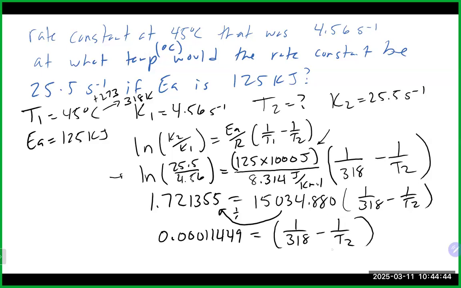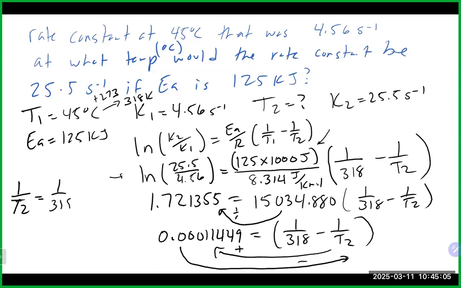At this point, I'm going to add this to the other side while I am basically subtracting this to the other side. We're going to switch places with each of those. So that will give me 1 over T2 is equal to 1 over 318 minus 0.000114449.